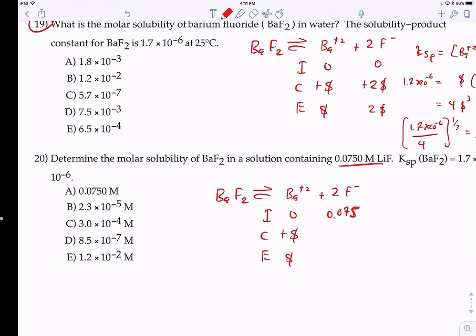The most common question I get is, how do I know it's a common ion? Because they both have F's. They both have F's, therefore it's a common ion. So the fluoride is 0.075 plus 2 solubility.